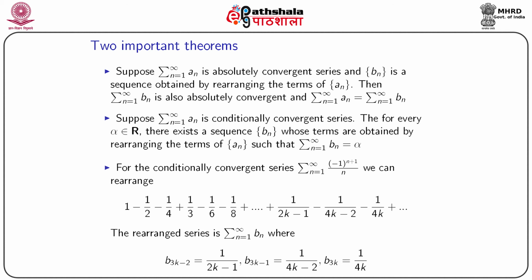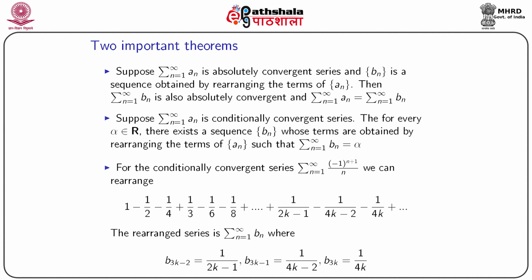Now we will discuss two important theorems. We only make the statements. Proofs of these theorems can be found in any advanced level textbook and are beyond the scope of this tutorial. You will find the proof in any book which relates to real analysis.